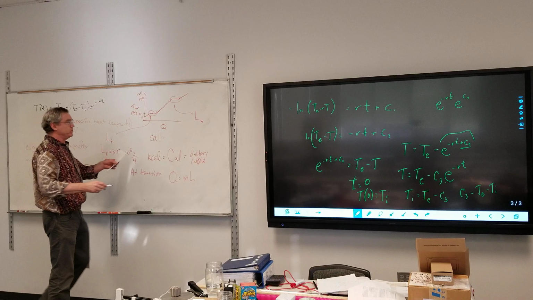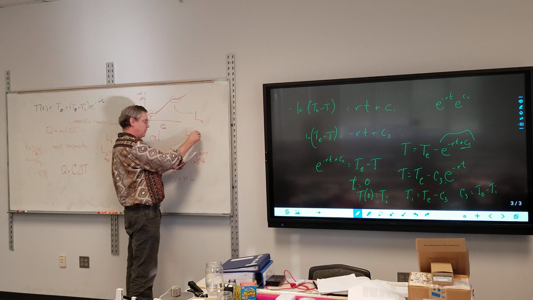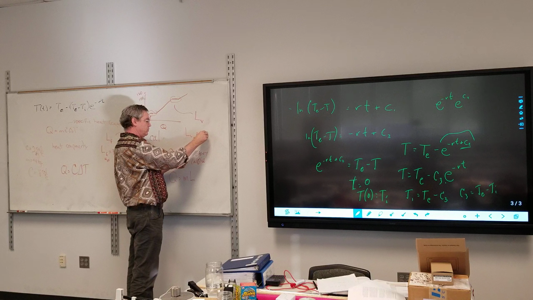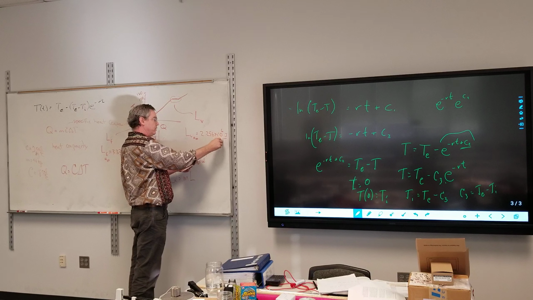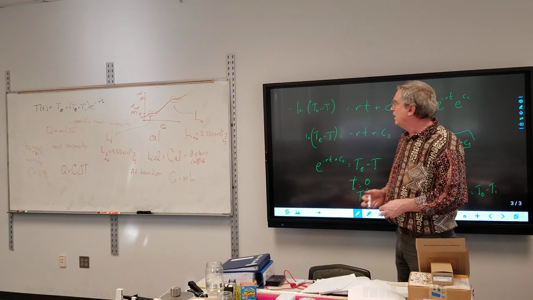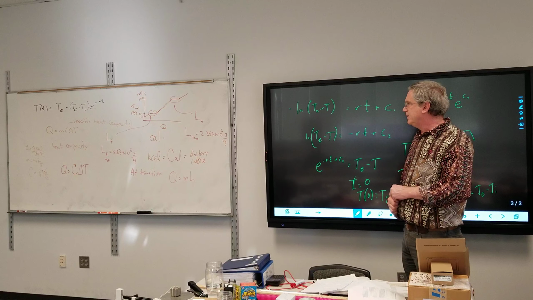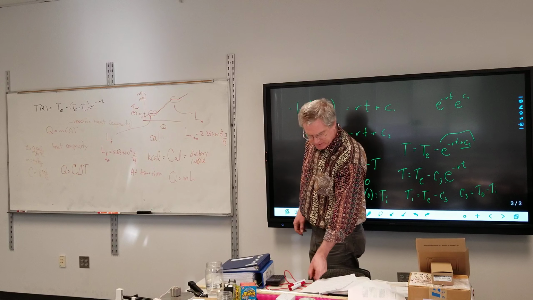And latent heat of vaporization for water, 2.256 times 10 to the 6th joules per kilogram. While we're here, specific heat of ice.